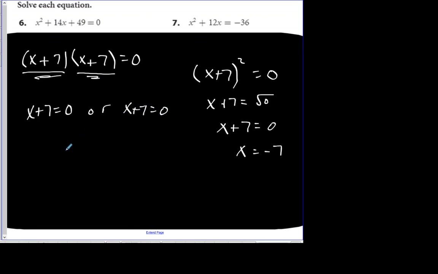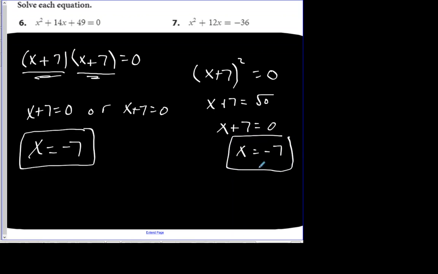So when you solve both of those equations, you're going to get x equals -7 for both of those, right? So in this case, your x value is exactly the same, so you have one solution, x equals -7. And Emily, just like you did, if you tried the square root method, you also get the exact same solution. So you'll have situations where you've got different possible methods that you can use.